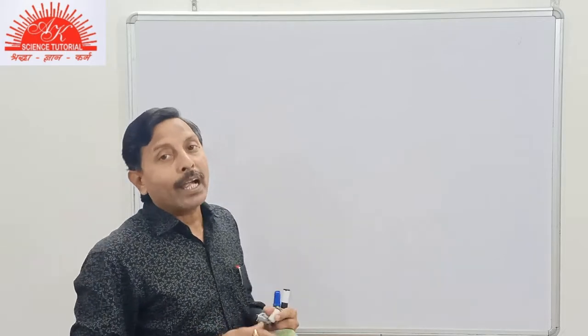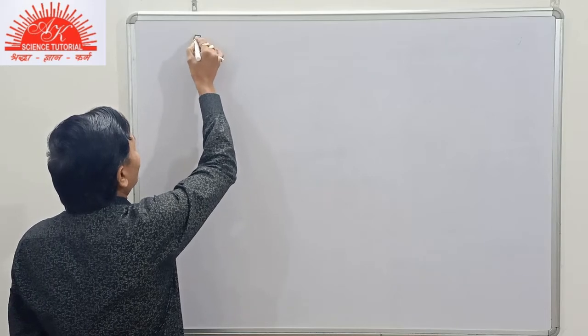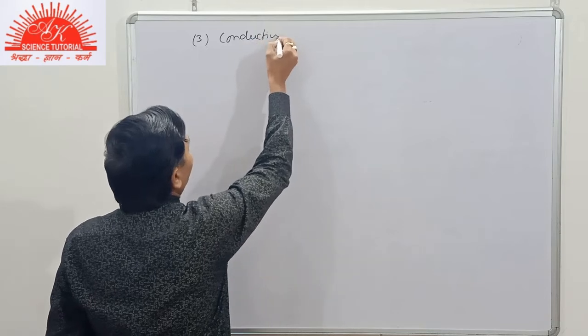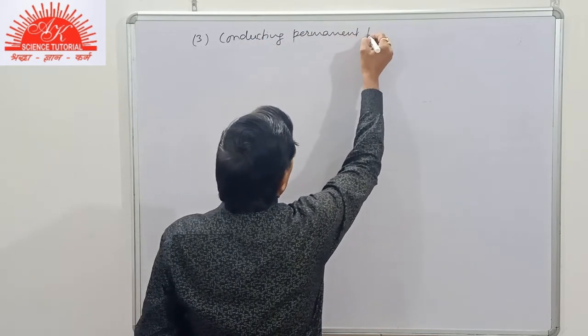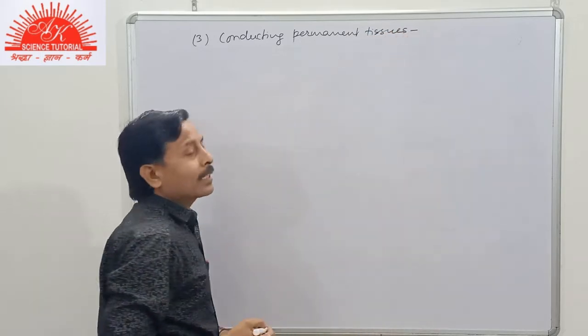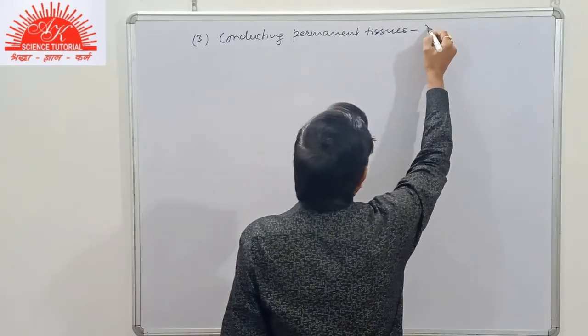So today we have to study the conducting permanent tissue. It consists of two parts, that is xylem and phloem.